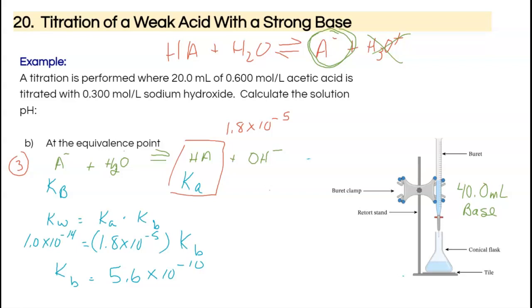Now that I have this Kb value, I'm going to create an ICE chart with this weak base. That's going to give me some equilibrium expressions that I can use to solve for the concentration of hydroxide at equilibrium.